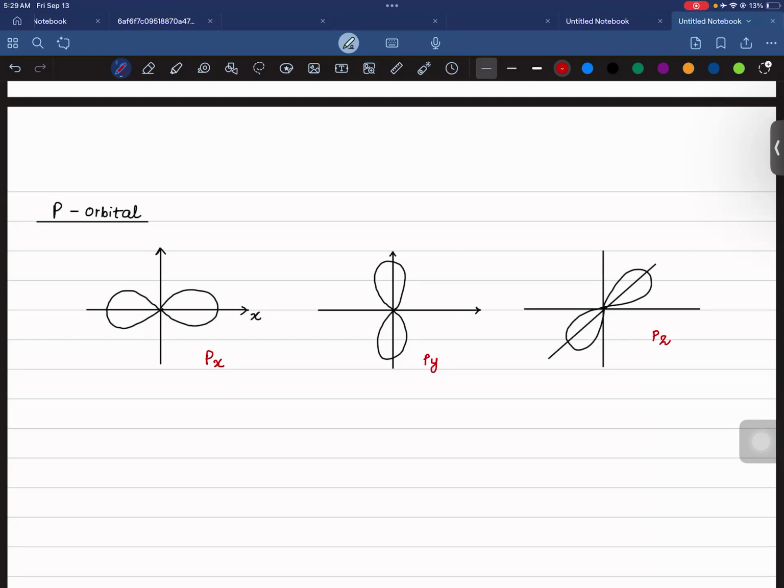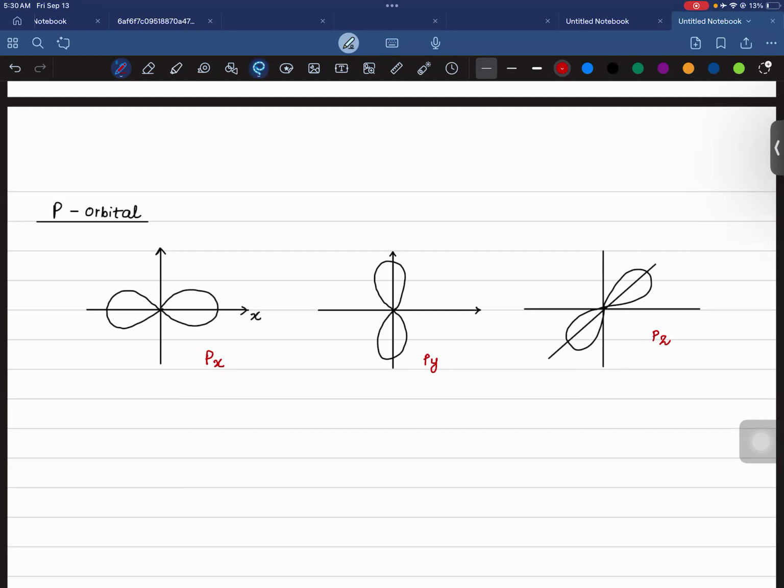Electron can rotate on x-axis, on y-axis, and on z-axis. In international books, also your A-level book, Roger Norris, they have used the word electronic cloud.